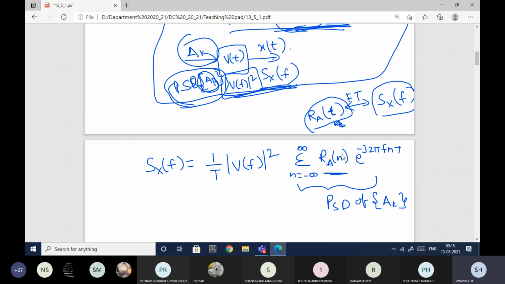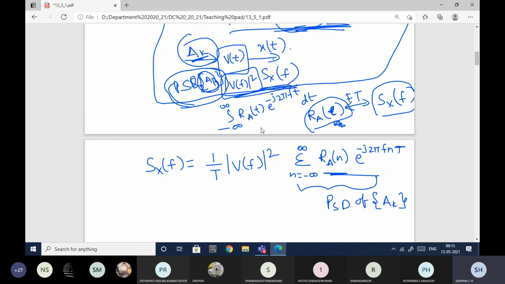Here it is not continuous. This a k is not a continuous signal; it is a discrete signal. That is the reason I have taken the DFT of this a k, Ra of n e power minus j 2 pi f n T. Otherwise, if it is Ra of t, you calculate the integral from minus infinity to plus infinity of Ra of t e power minus j 2 pi f t dt.